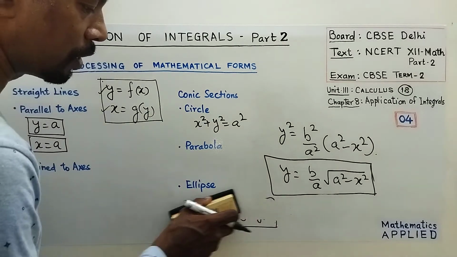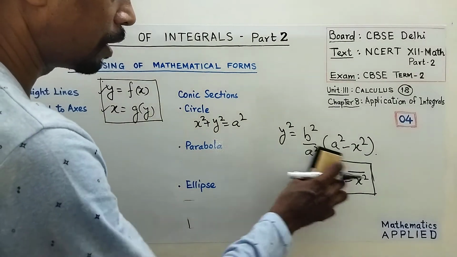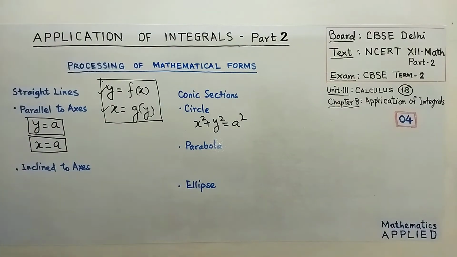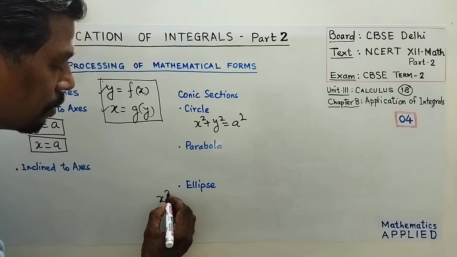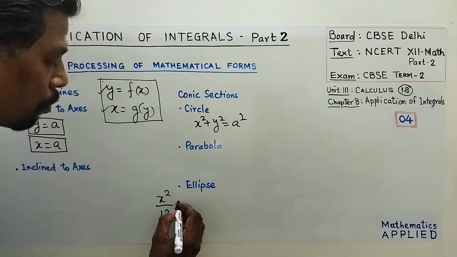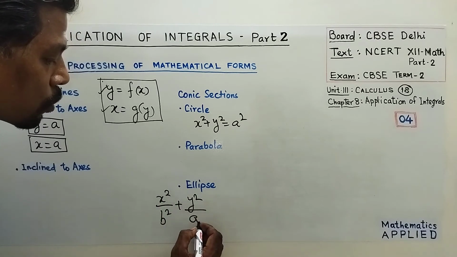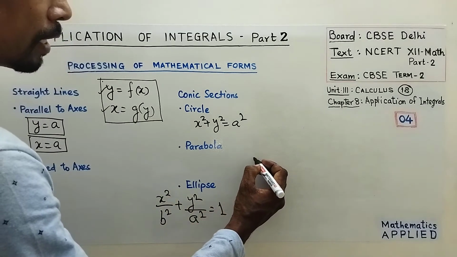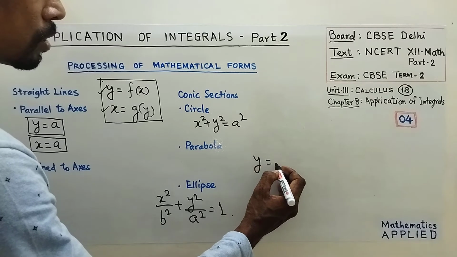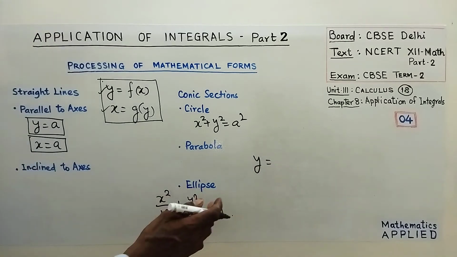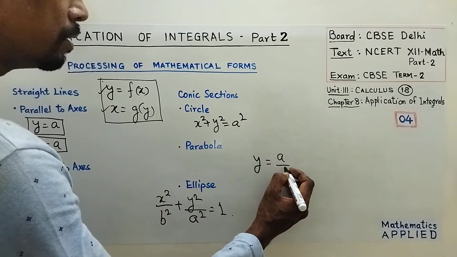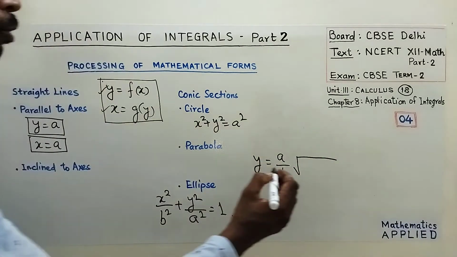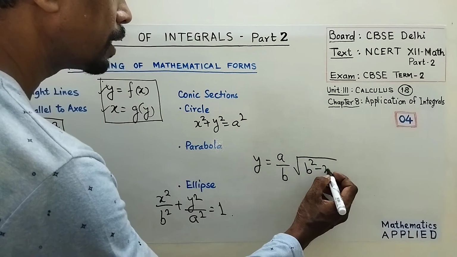For the second type of equation, again similarly, what is the second type? x square by b square plus y square by a square equals 1. So when you process this, you get y equals a by b root over b square minus x square.